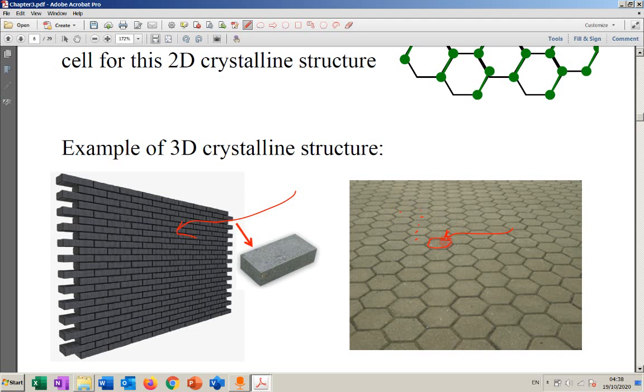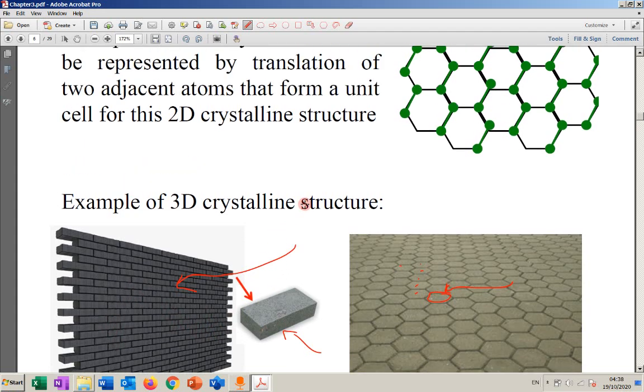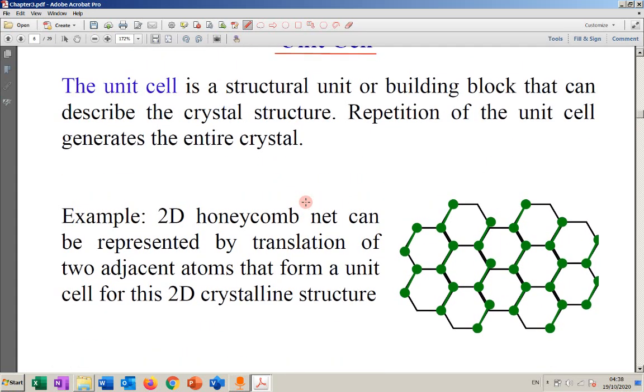A unit cell. And this, which is the wall, this is the unit cell. Why? Because this wall is made out of this block, and it's the same block that we keep repeating beside each other to build this crystal structure. So we call this one the unit cell, the smallest unit that you can build the crystal structure with.